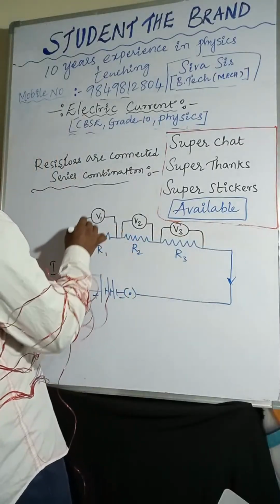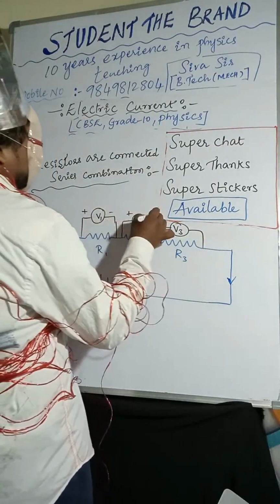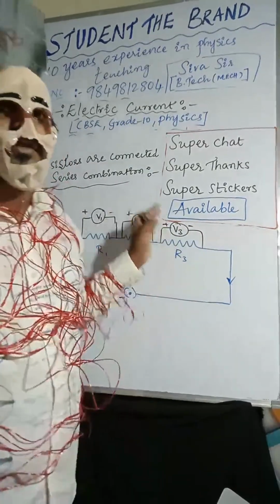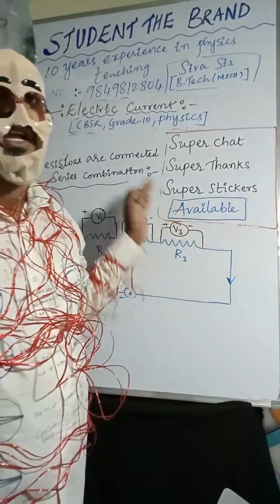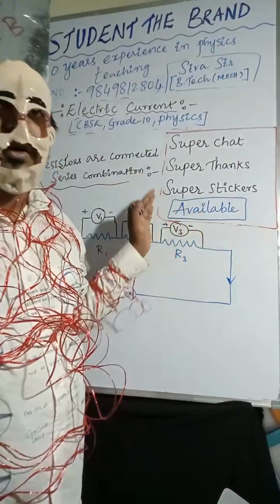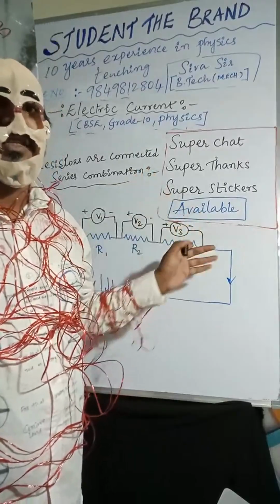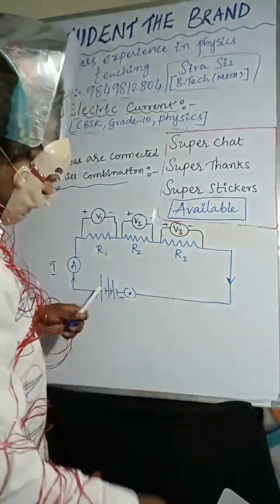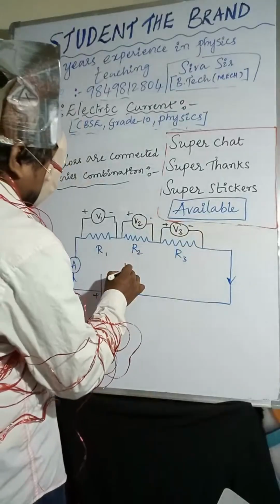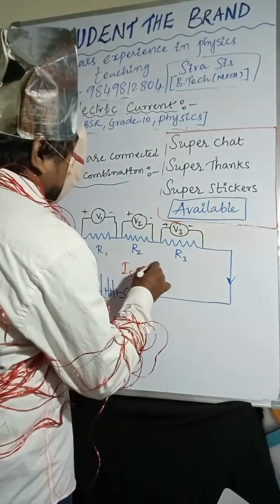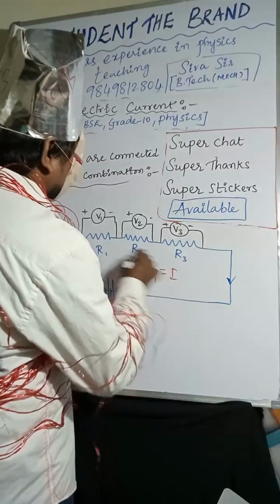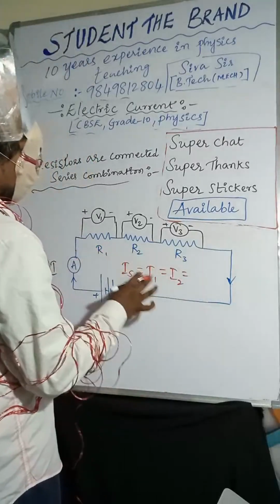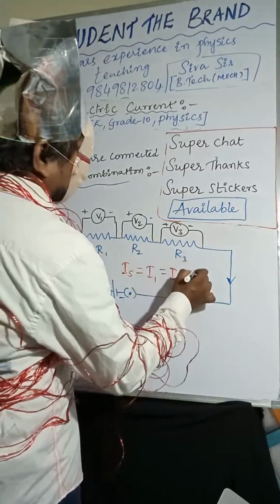Current is flowing from positive to negative terminal, so throughout the circuit the current is the same. That's why I am considering that the current in series combination I equals the current through R1, I1, through R2, I2, and through R3, I3.